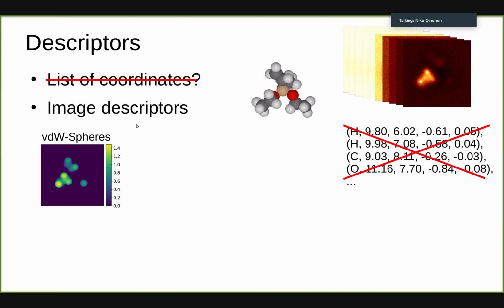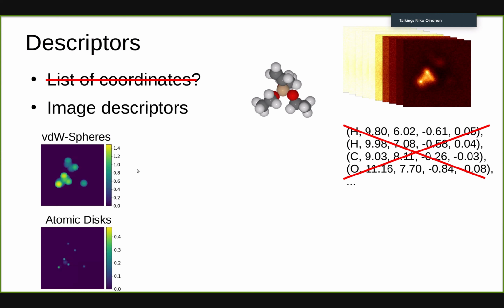The first one is the van der Waals spheres descriptor, where each atom is represented by a sphere, and then this is projected onto a two-dimensional image where the brightness tells you how close that atom is. So it gives kind of an idea of the geometry of the sample in a sort of easily identifiable way.